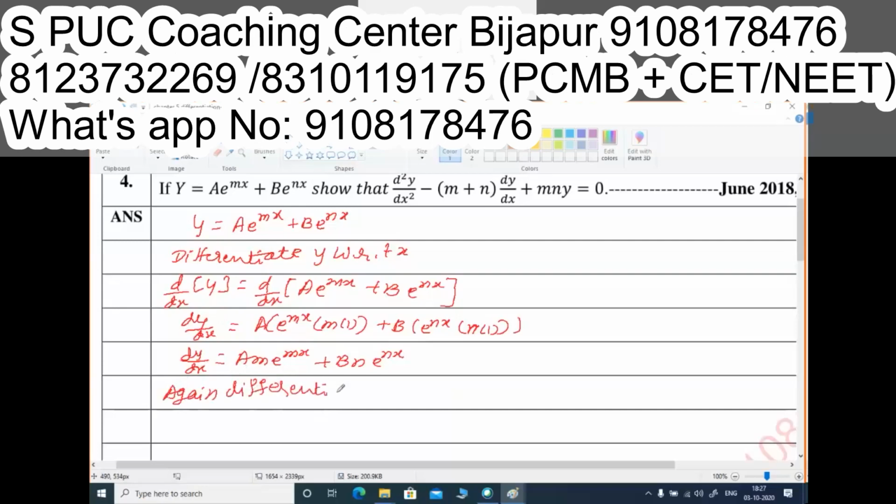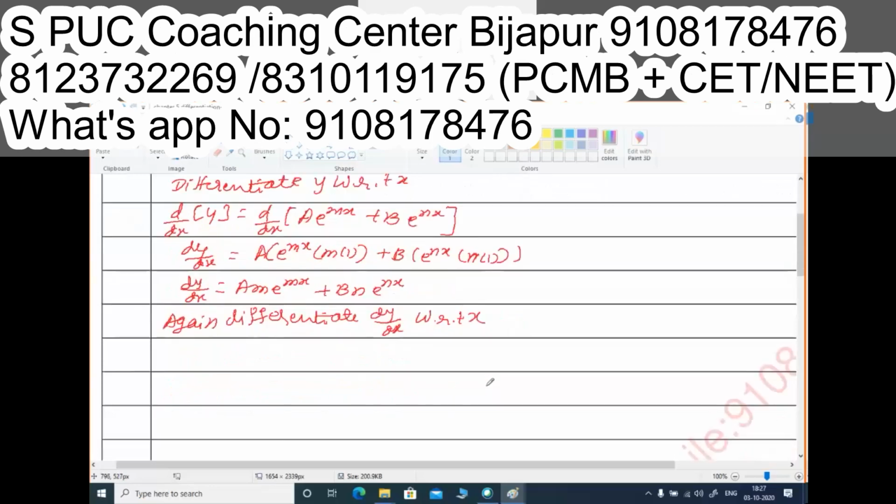Differentiate dy by dx with respect to x. Write d by dx of dy by dx, which equals d by dx of am e raised to mx plus bn e raised to nx.